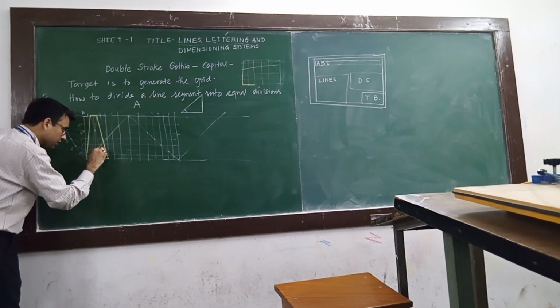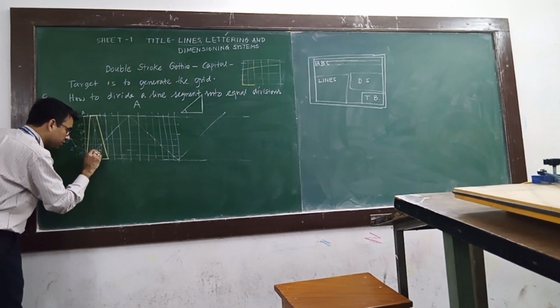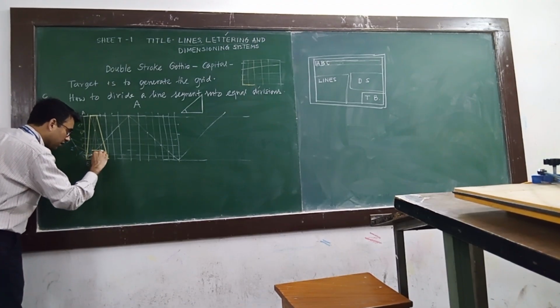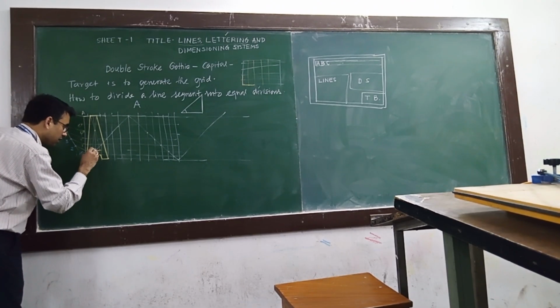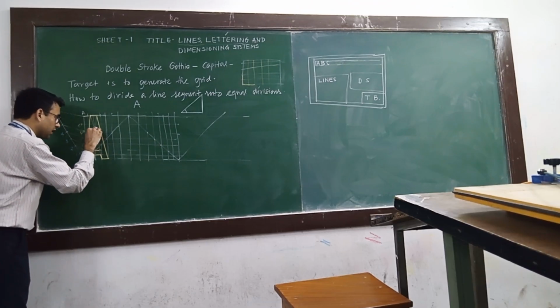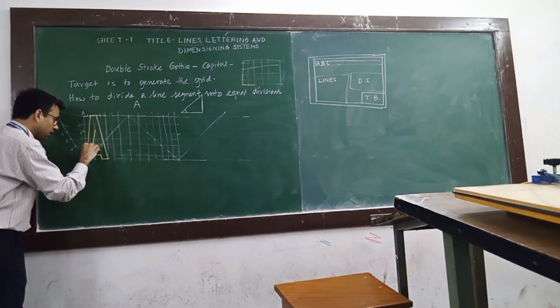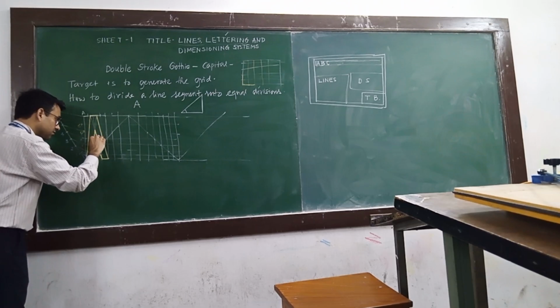So this will be a point, this will be a point. You will join this, you will join this, only part of that. Then you will join this. The remaining are faint, so you can either erase or retain.